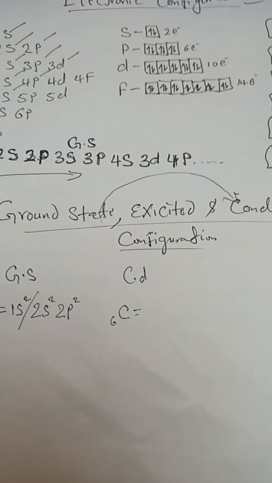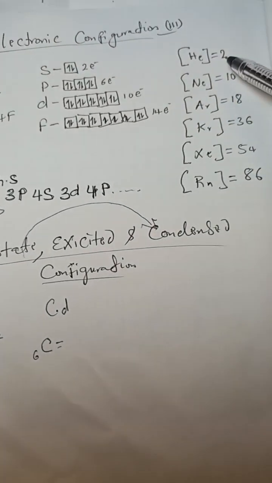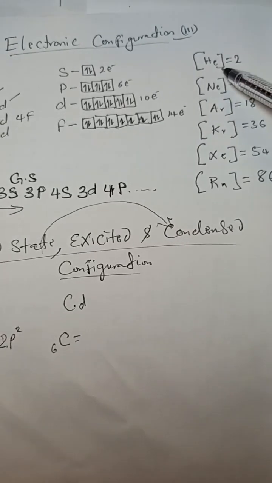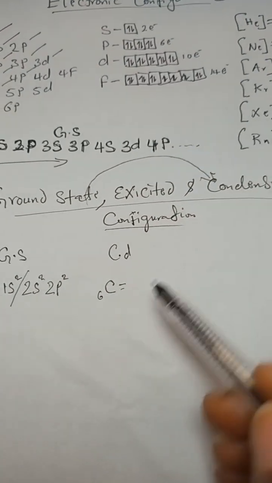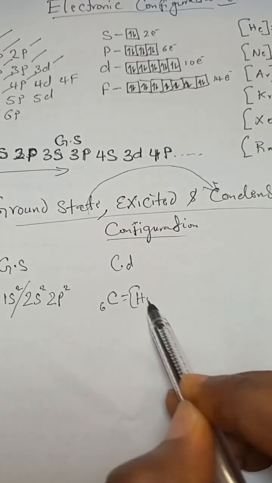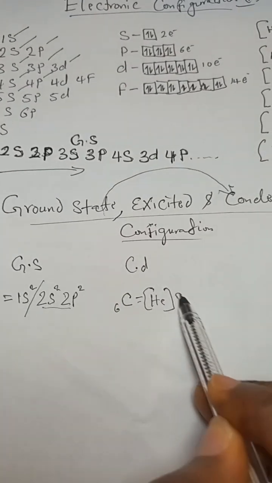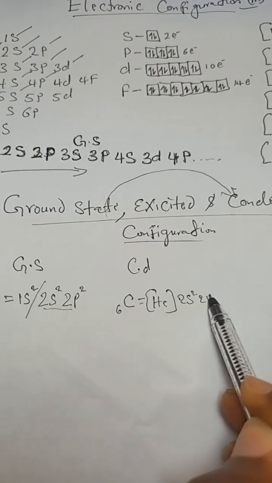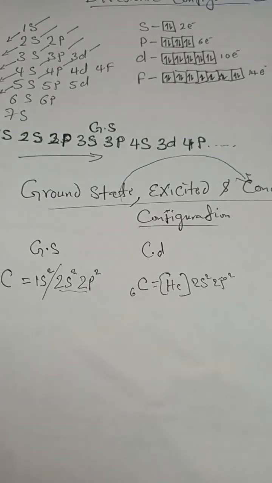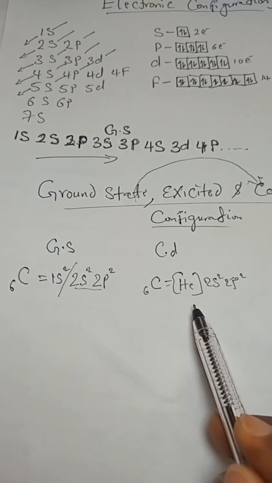Looking at the noble gases, 2 is helium, so we bring down helium. Then we write the remaining 2s2, 2p2. So this is the condensed form.